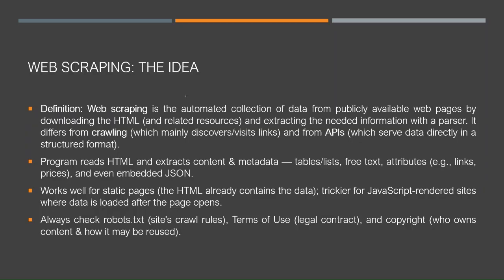But what matters here is that when we are referring to contents from HTML, it can be tables, lists, free text, attributes, links, prices, even embedded JSON files. What is a JSON file? I will get into that in a few minutes. All these are things that you can get and extract from HTML, from a web page, basically.